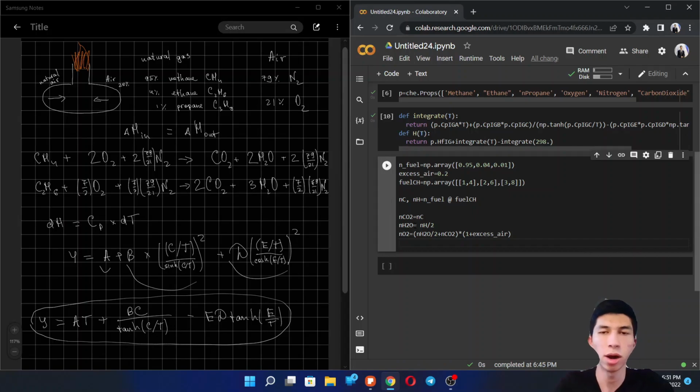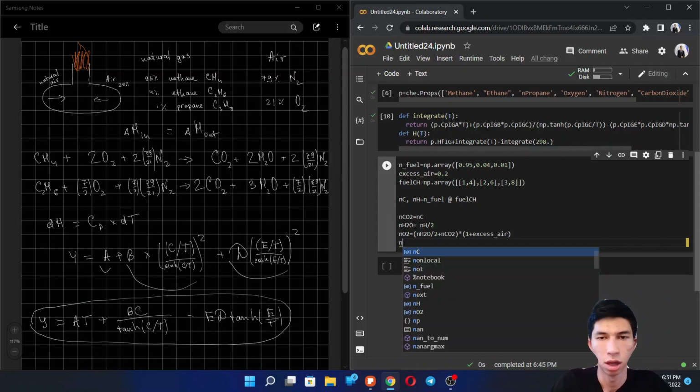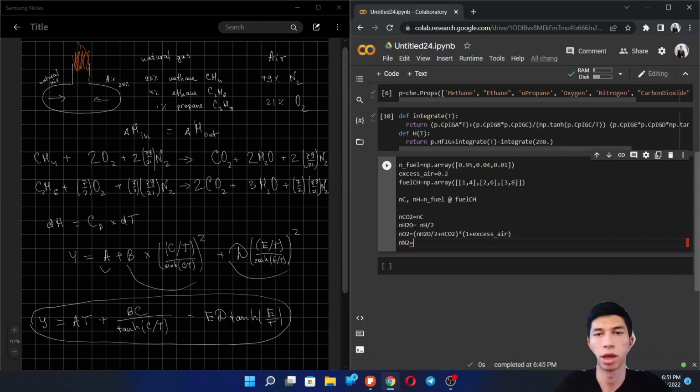Okay, the last thing we're left with is the mole of nitrogen, right? So to find the mole of nitrogen, it's going to depend on the mole of the oxygen, and it's going to be multiplied by 79 over 21.